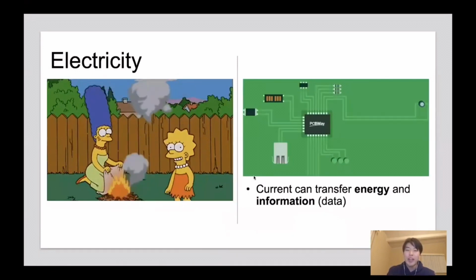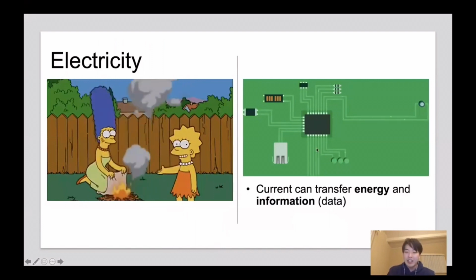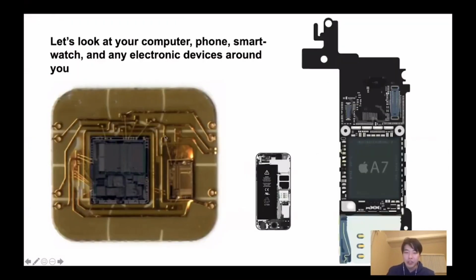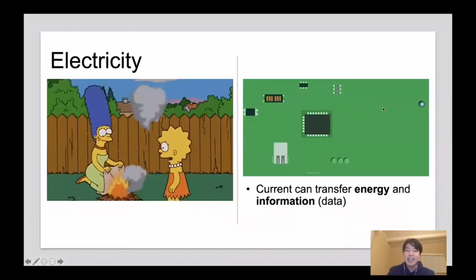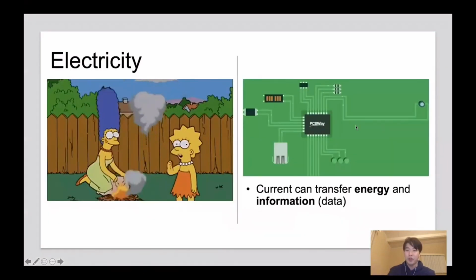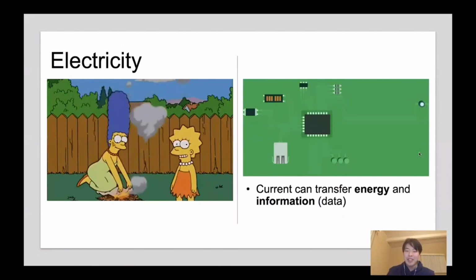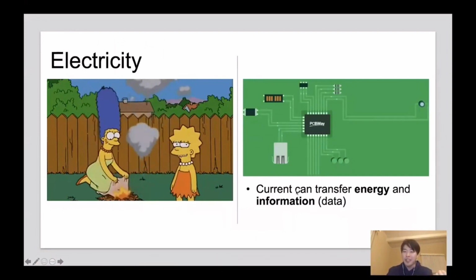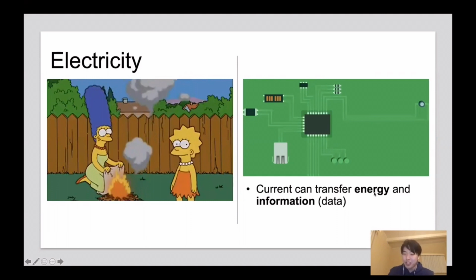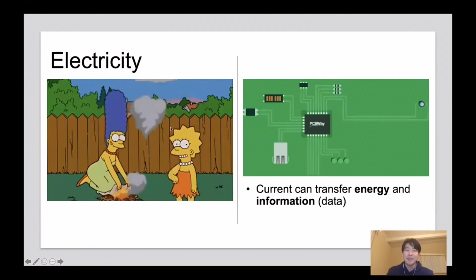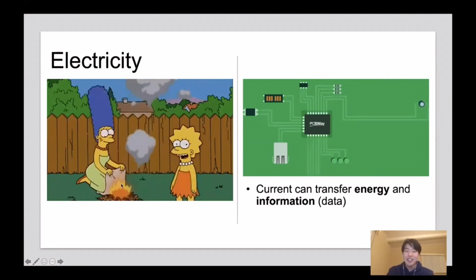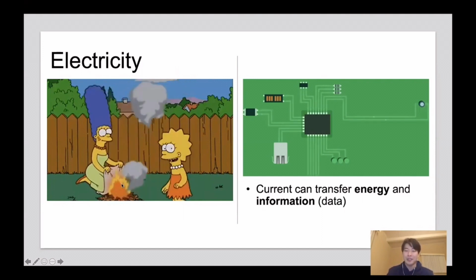That's why we're learning about electricity a little bit. When we have a circuit board, these little wires, you can see these highway-looking things, right? They let electrons flow, okay? So when the current is flowing, it not only transfers energy, but it can also transfer information. On the left side is the Simpsons, right? And what she's doing is creating what? A smoke signal, right?